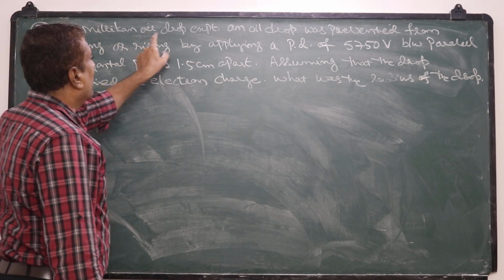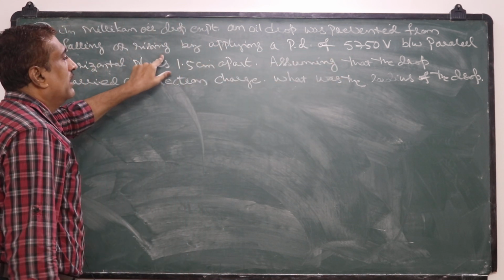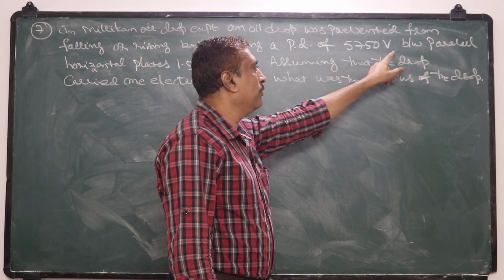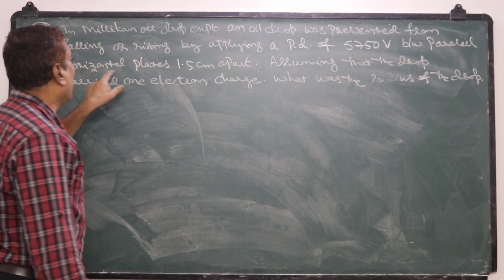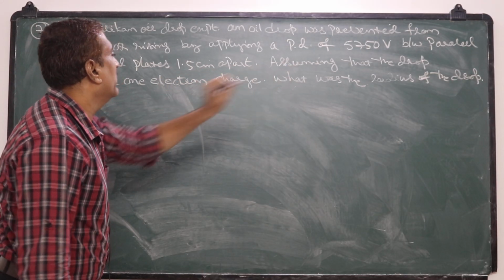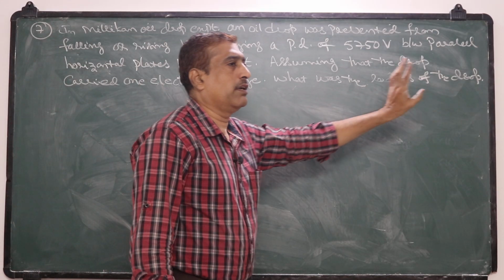So in Millikan oil drop experiment, an oil drop was prevented from falling or rising by applying a potential difference of 5750 volts between parallel horizontal plates 1.5 centimeter apart. Assuming that the drop carried one electron charge, what was the radius of the drop?